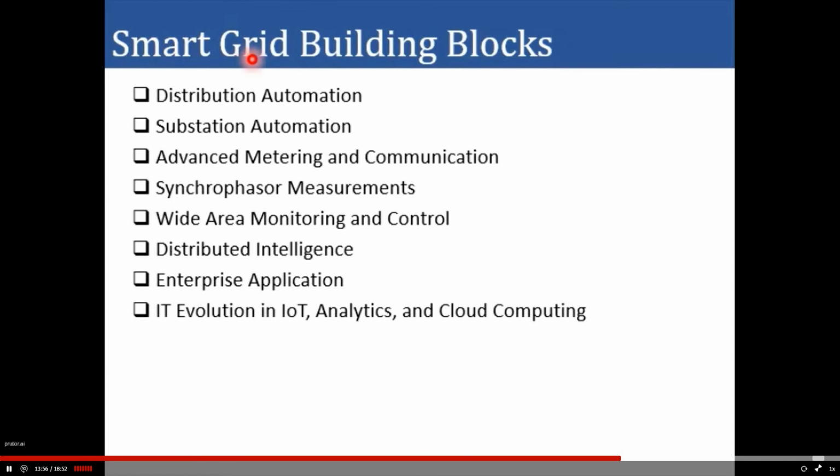Now let us try to understand what are various smart grid building blocks. First two building blocks are distribution automation and substation automation. So in the last couple of years, we have put more stress on the distribution system automation as well as substation automation.